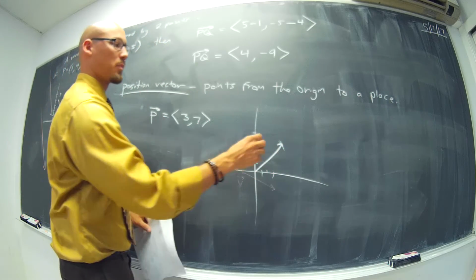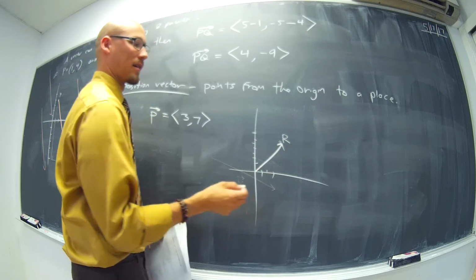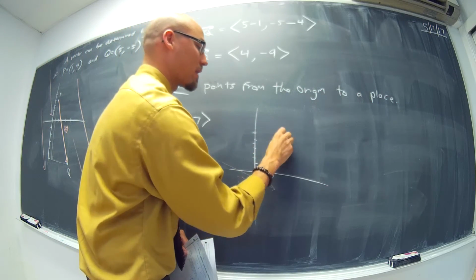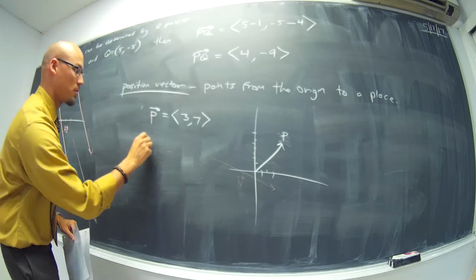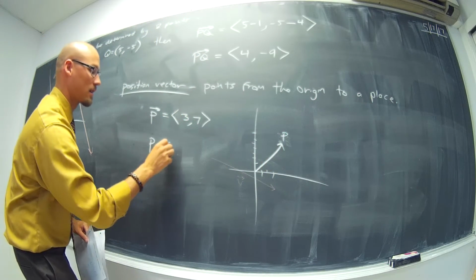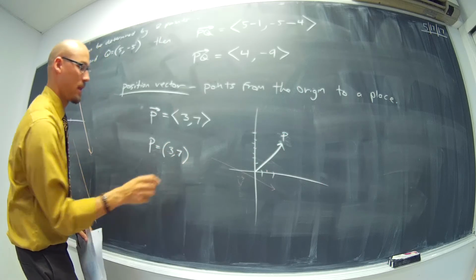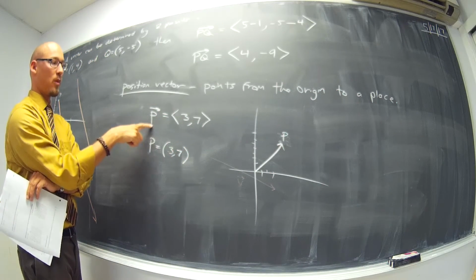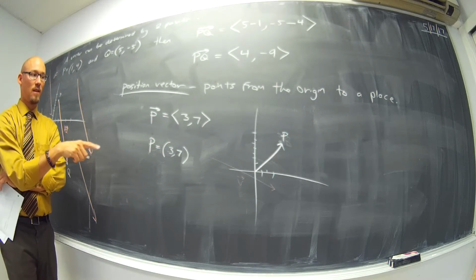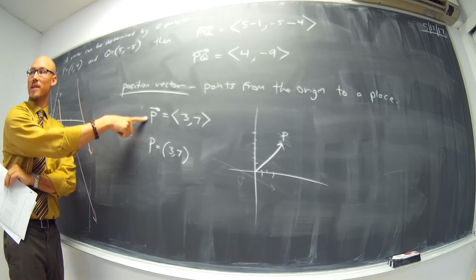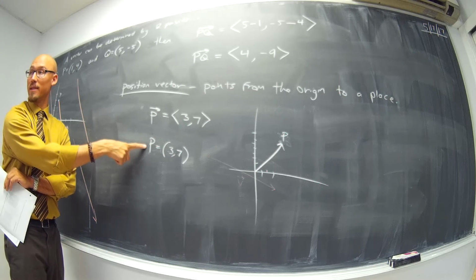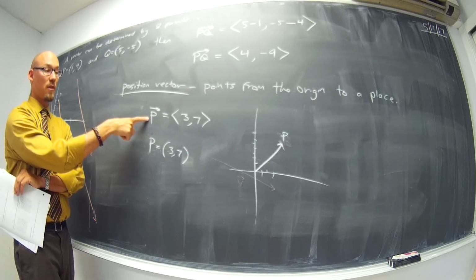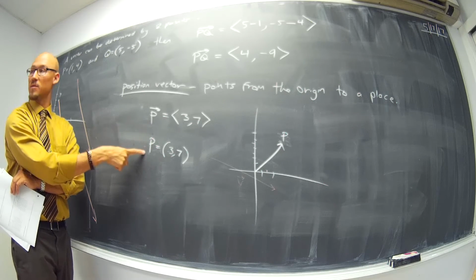So we could call this point R, or even P if we wanted to. We could say there's a point P at 3 comma 7. So this is a point, and this is a vector that points to that place. The vector P points to the location P. This vector is an arrow that goes from the origin to this point.